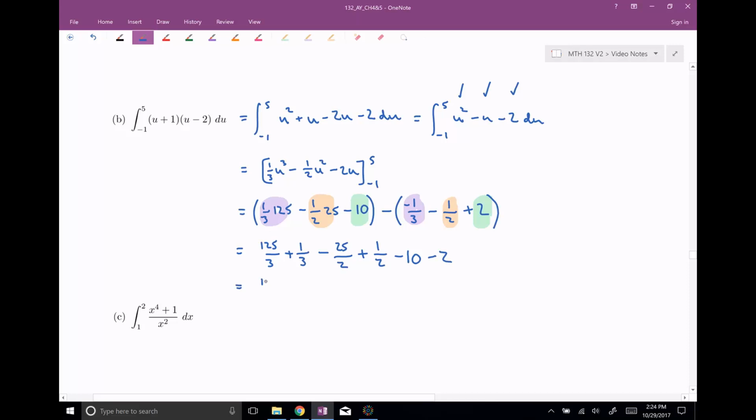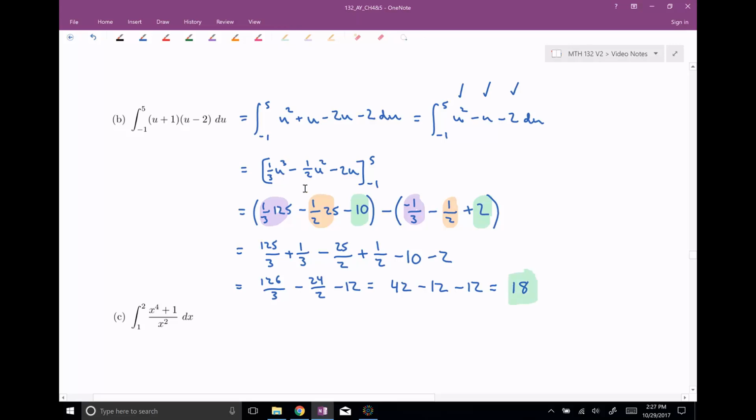So this is going to be 126 thirds, minus 24 halves, minus 12. 126 thirds, well, this may take a minute, but that's going to be equal to 42. Minus 24 halves, that's going to be equal to 12, minus another 12. So altogether, I believe that we get 18. So there is our final result.